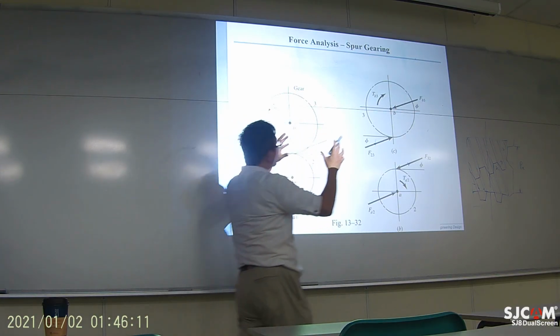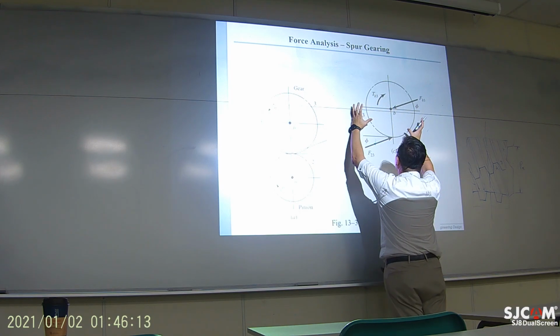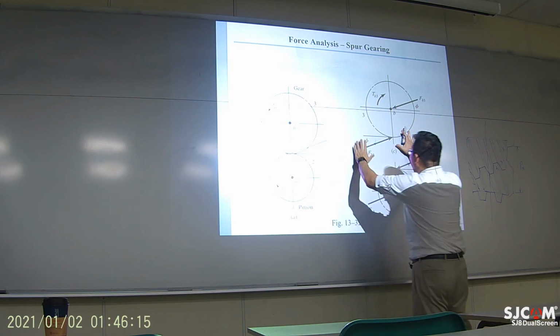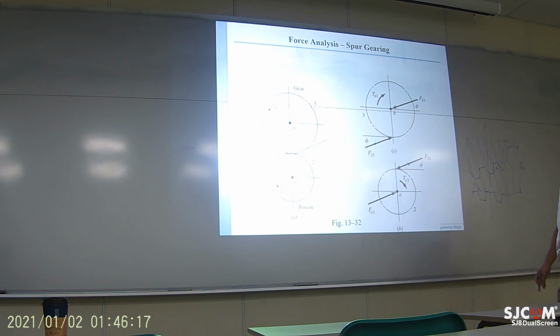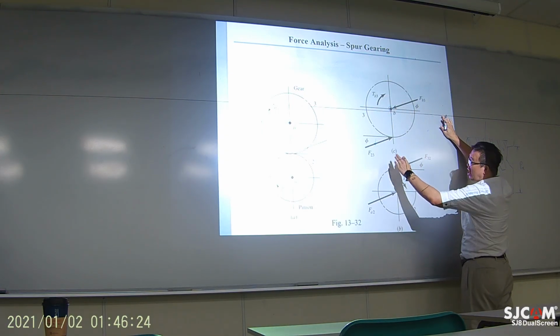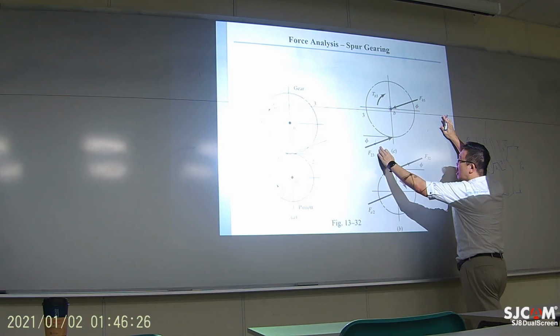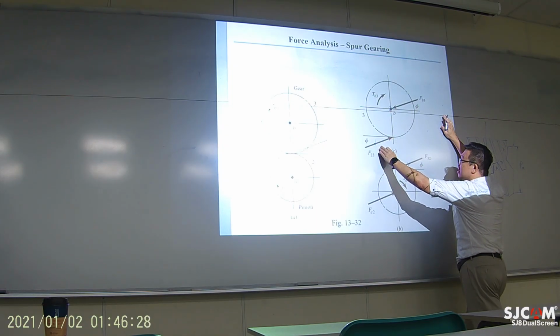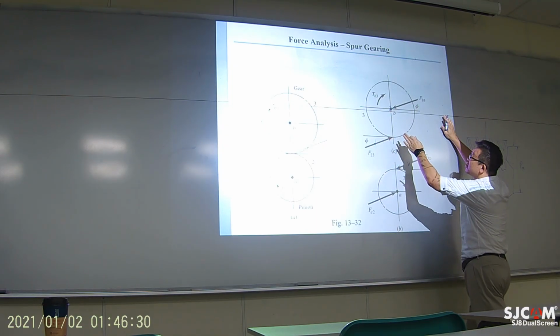And if we observe an individual gear, in order to have balance of the forces on the shaft, you have to have the exact same size of force but in a different direction.